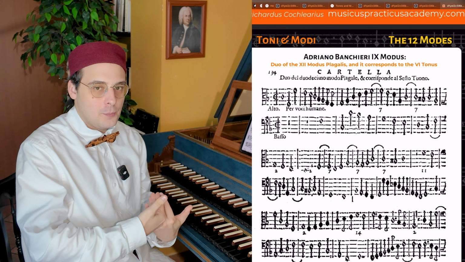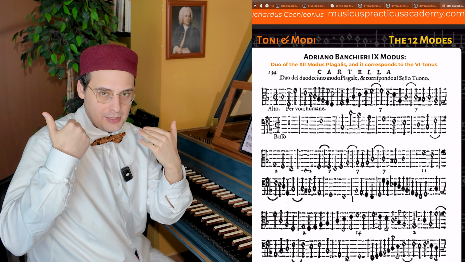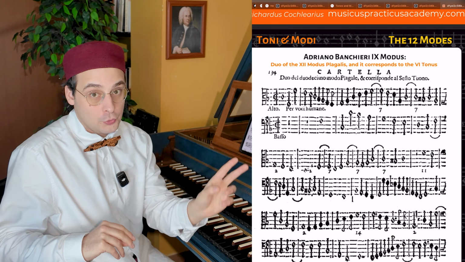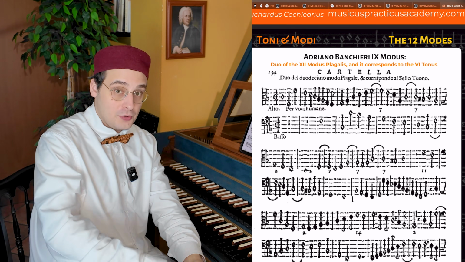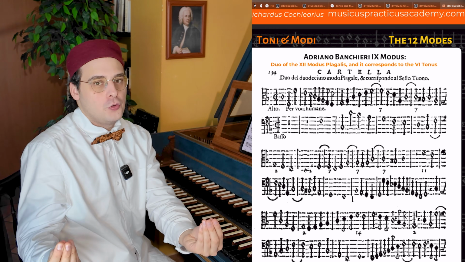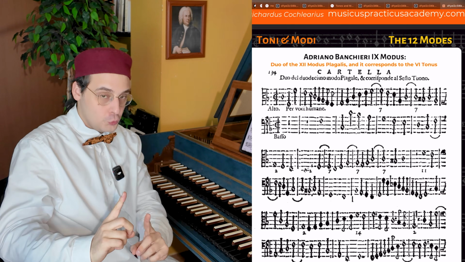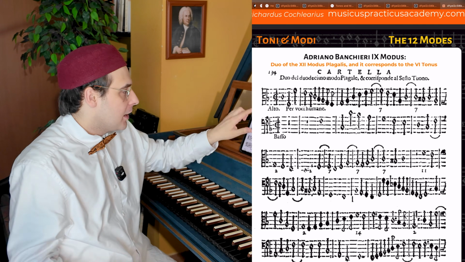So our example is in the sextus modus, the previous example we analyzed at the beginning, but not in the 12th, because the sextus tonus corresponds to the 12th modus, while the sextus modus is not used so much.